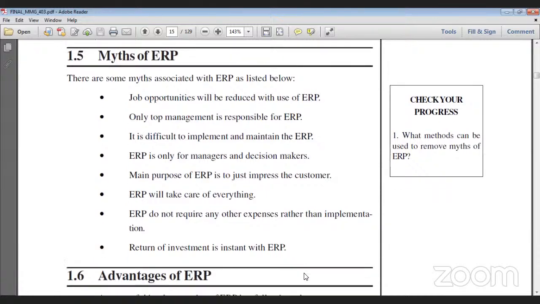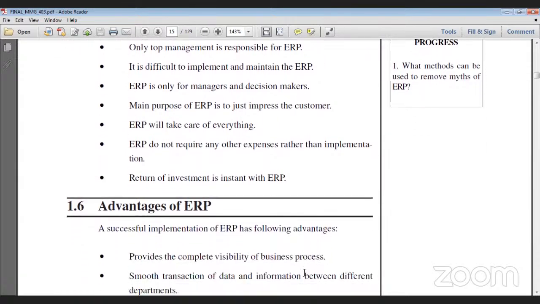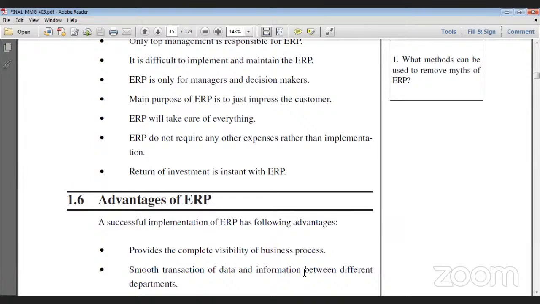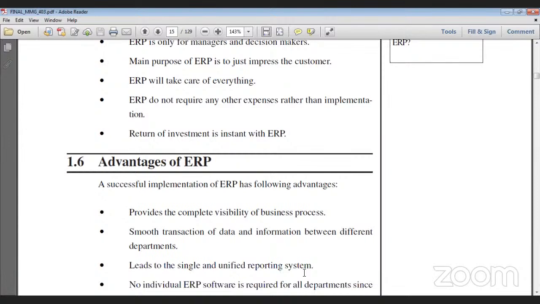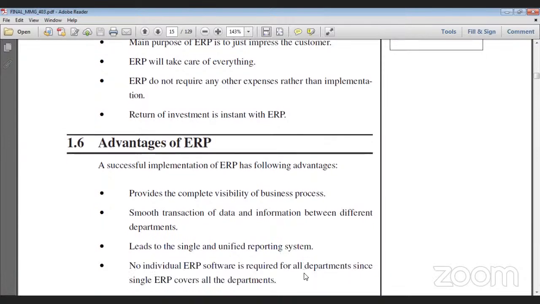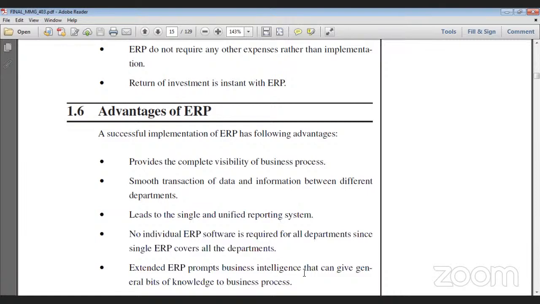But there are also some advantages of ERP, and those advantages are given here. It provides complete visibility of business process. It also gives smooth transaction of data and information between different departments. It leads to a single and unified reporting system. No individual ERP software is required for all departments since a single ERP covers all departments.